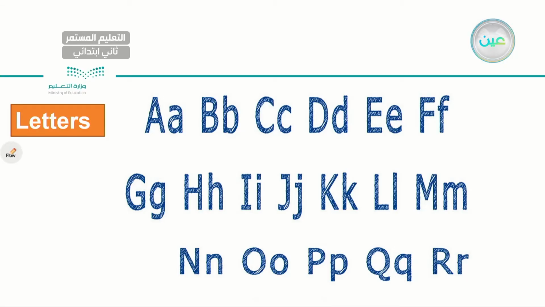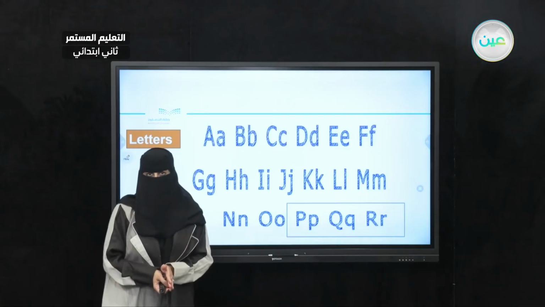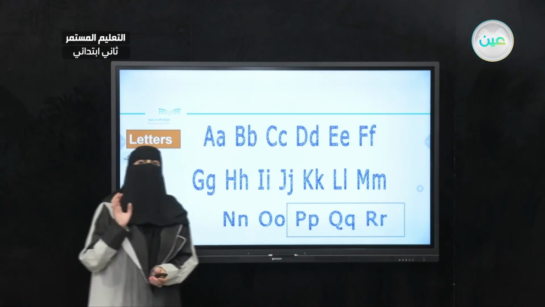A, B, C, D, E, F, G, H, I, J, K, L, M, N, O. So the three letters that we will practice today are P, Q, and R. As you can see, I have the capital letter and the small letter. Now, we will take each letter at a time. How to write it, some words that start with this letter.